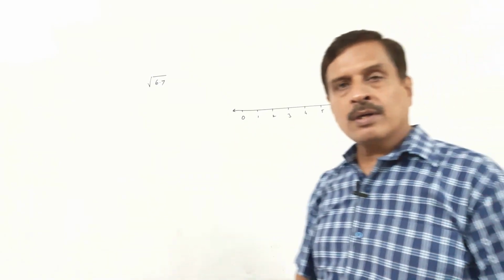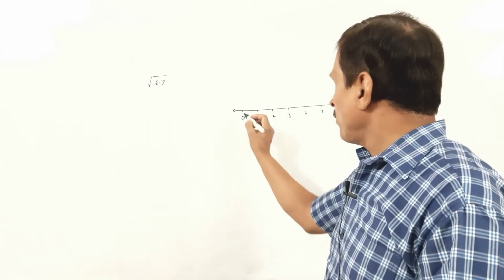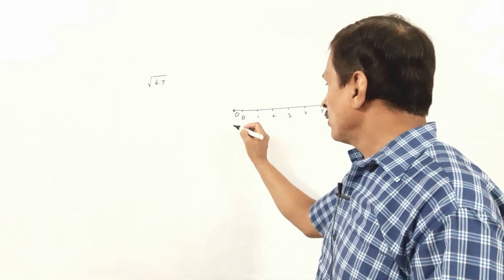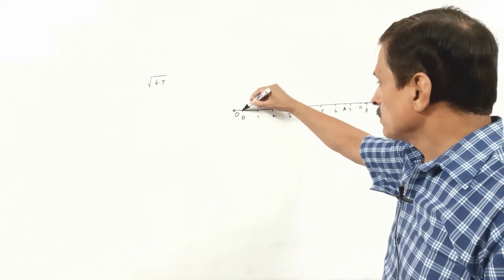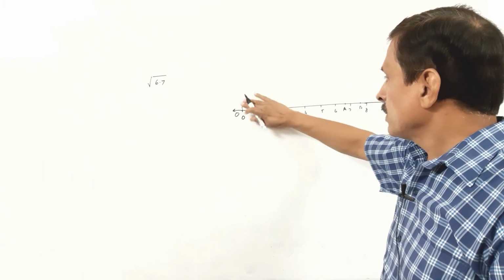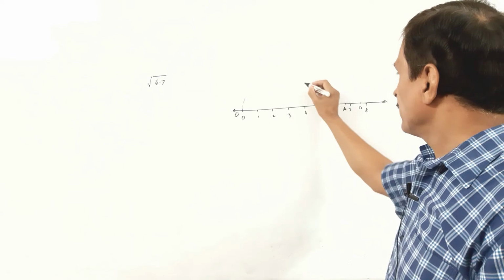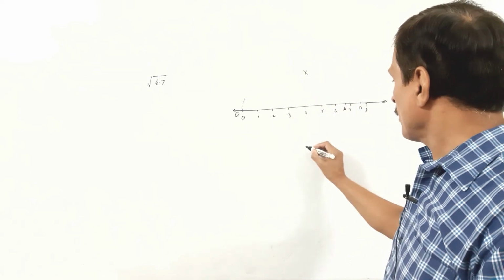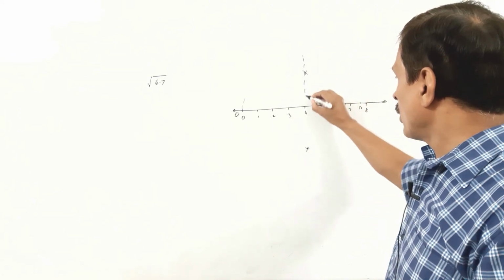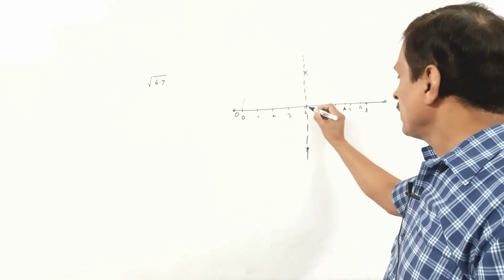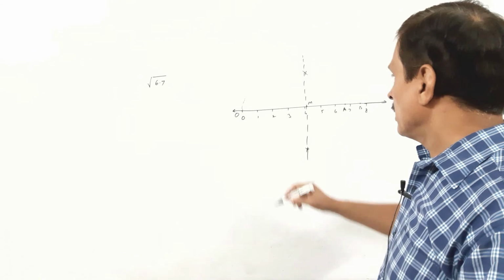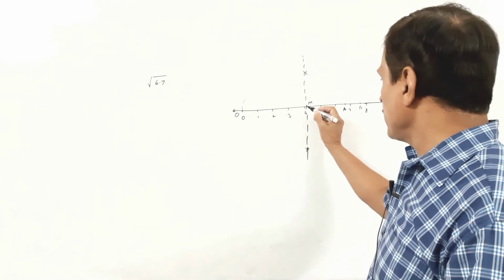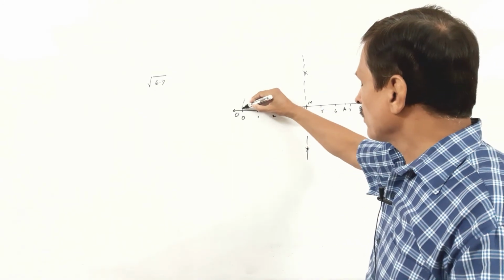Then we draw perpendicular bisector of this OB to obtain the midpoint, say M. Then we draw a semicircle with M as center, radius equal to OM.